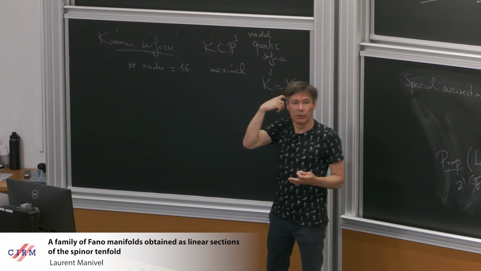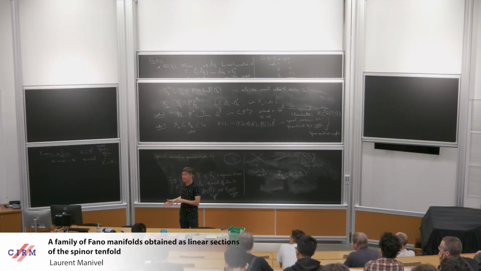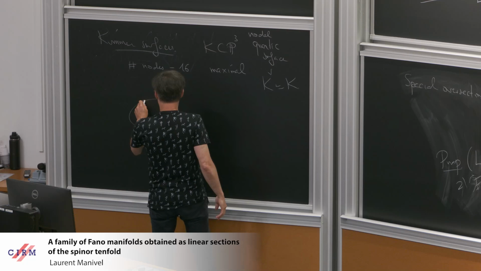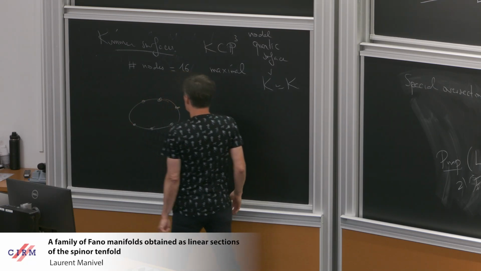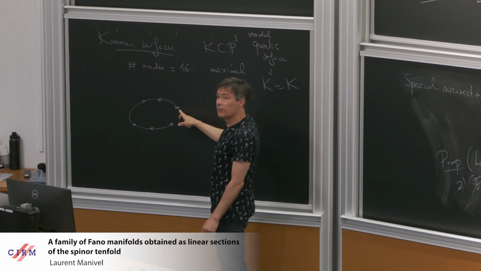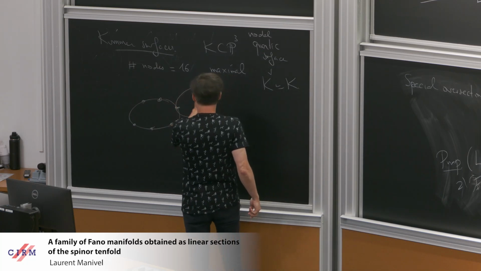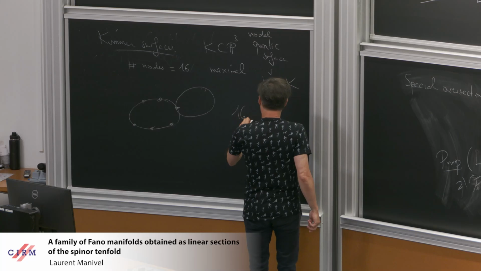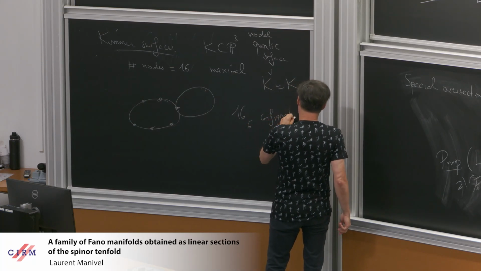Okay, so there is a dual, so there are 16 singular points, and there are 16 conics, and they form a special configuration. So that's completely symmetric, so through any singular point you have 6 of these conics. So you get what is called a 16-6 configuration.